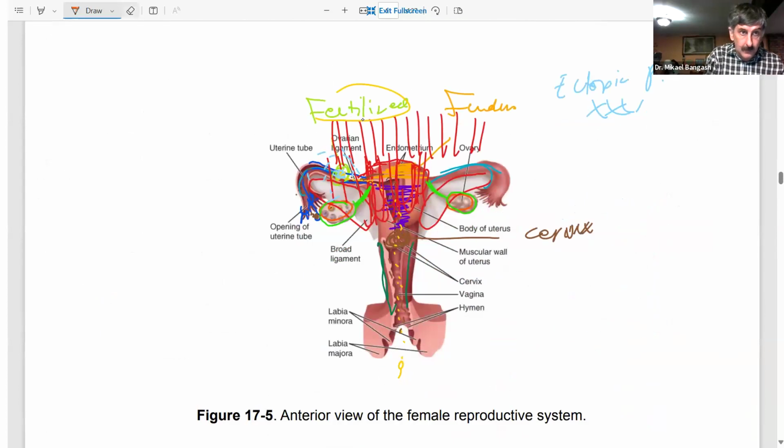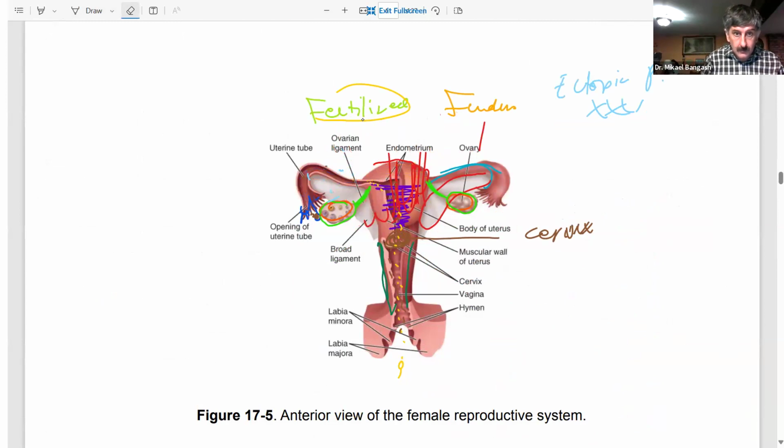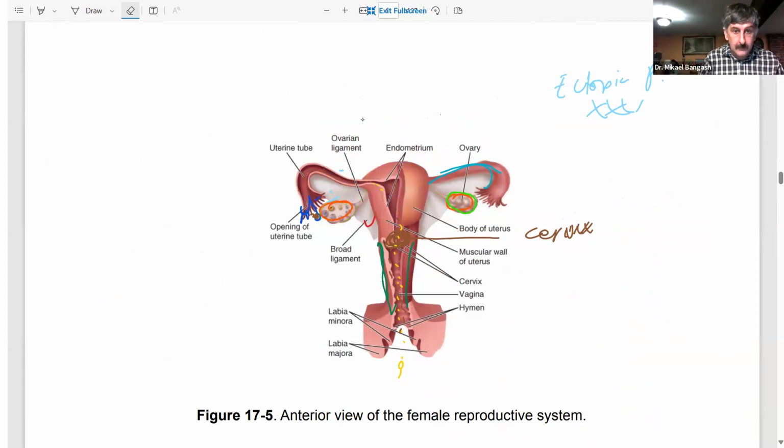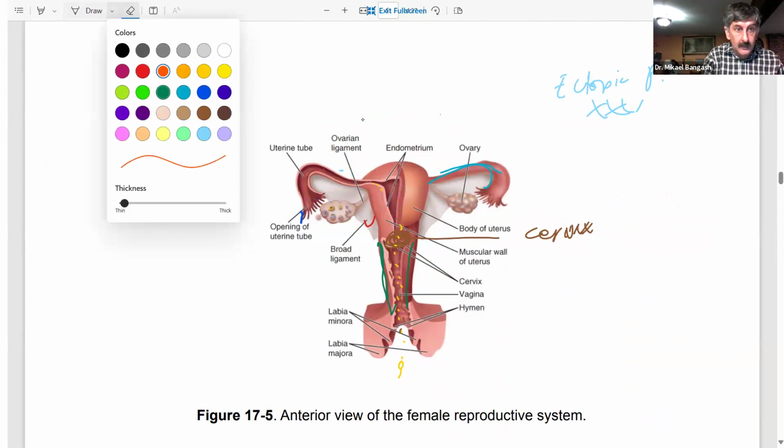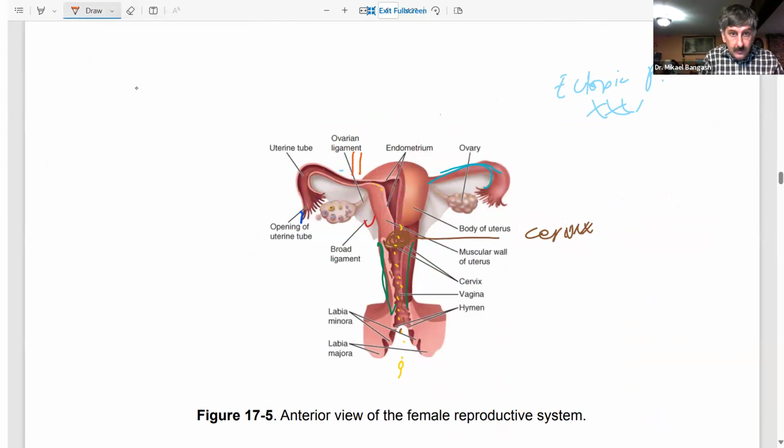This is probably a little bit too extreme, so let's just try. But on either side of the uterus, are you still going to have peritoneum running down?